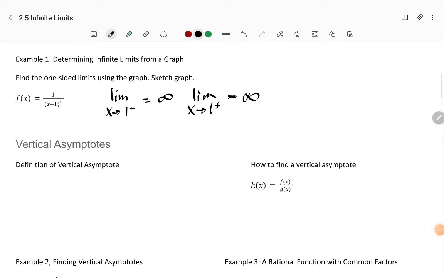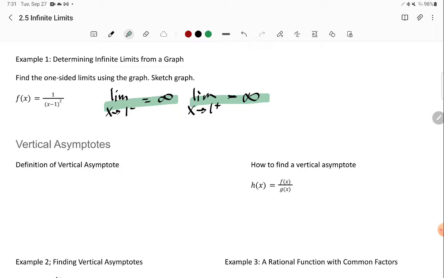So here's kind of a tricky wording that you just have to be aware of. In these we say the limit as x approaches 1 from the right and from the left, you notice they're both equal. And before we've determined that if they're both equal, the overall limit exists. But here's the thing.